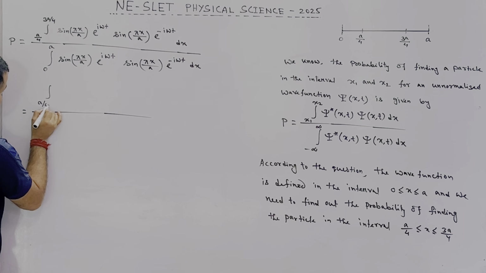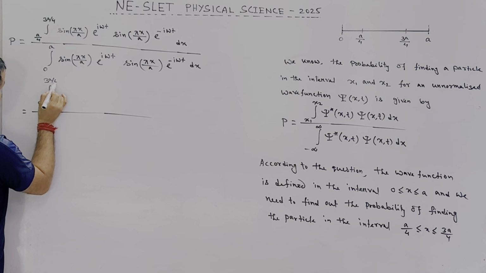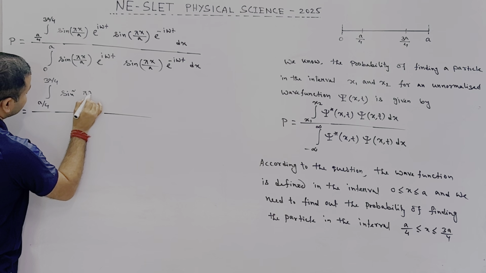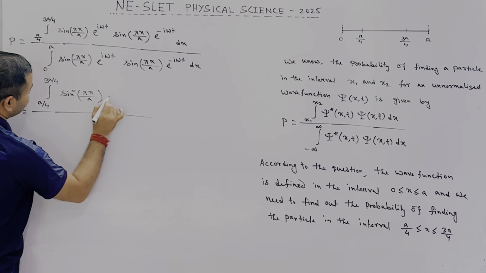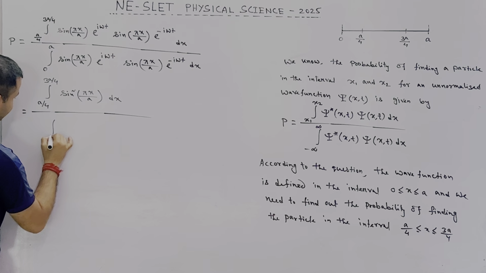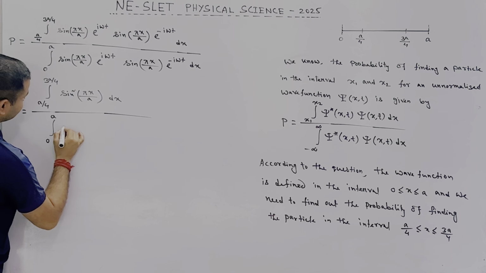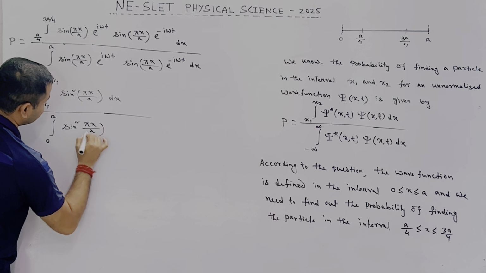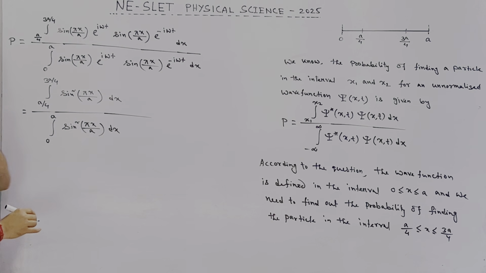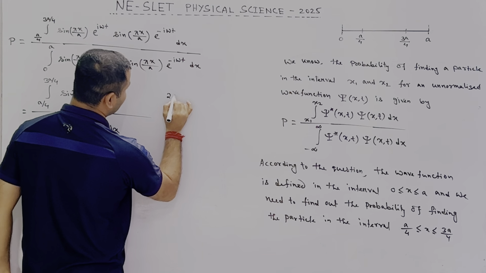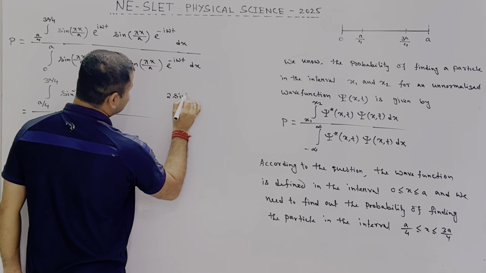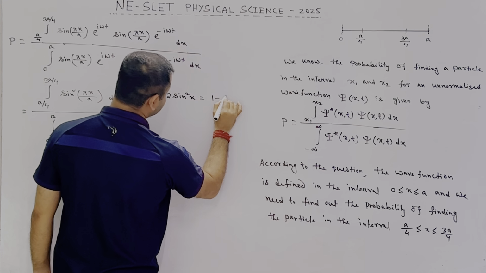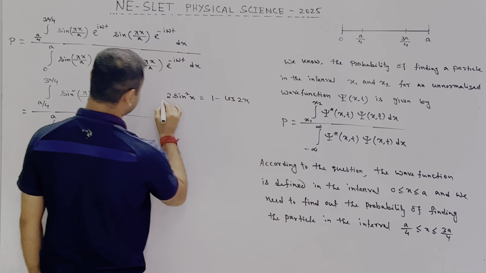So we will get integration a by 4 to 3a by 4 sin square pi x by a into dx divided by integration 0 to a sin square pi x by a into dx. So we know 2 sin square x is equal to 1 minus cos twice x.